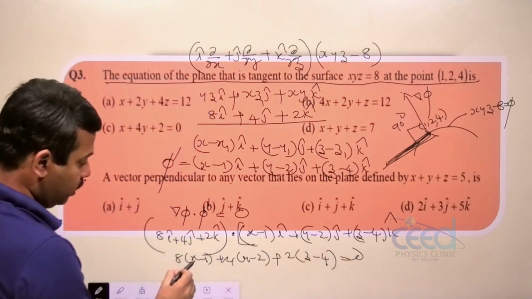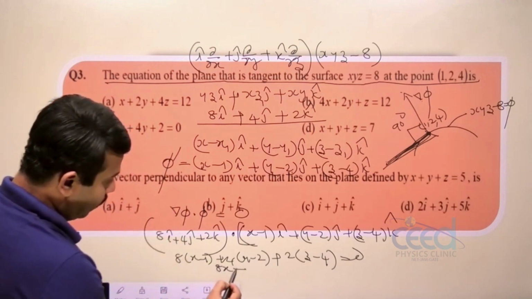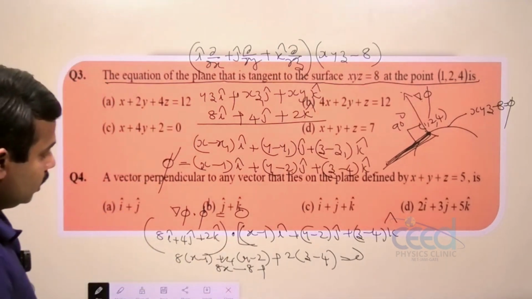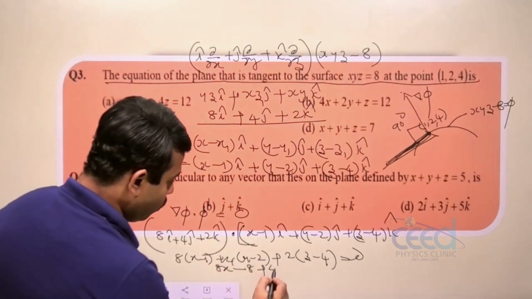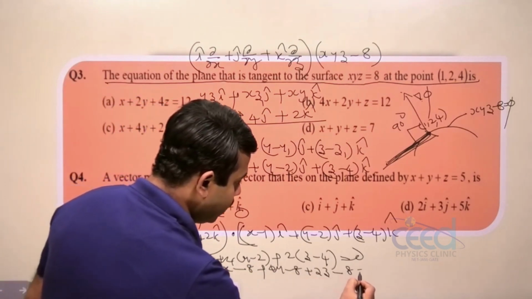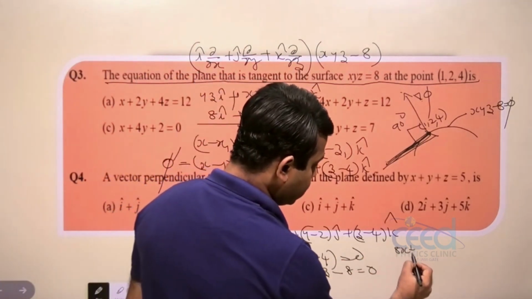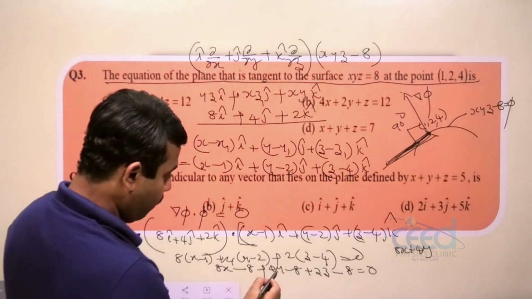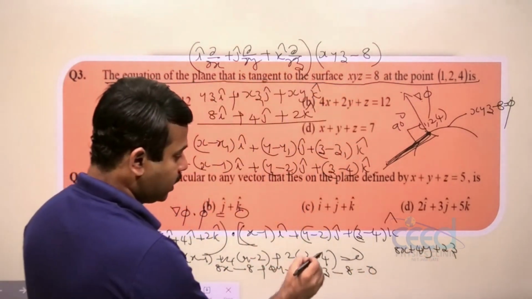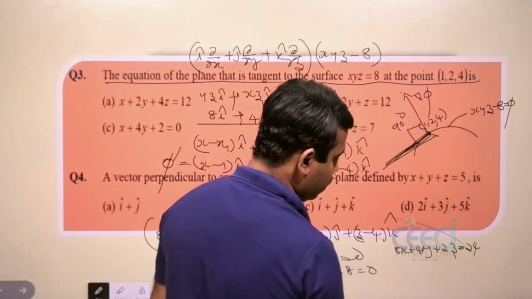Then 8x minus 8 plus 4y minus 8 plus 2z minus 8 equals 0. That means 8x plus 4y plus 2z minus 8 minus 8 minus 8, which is 24.